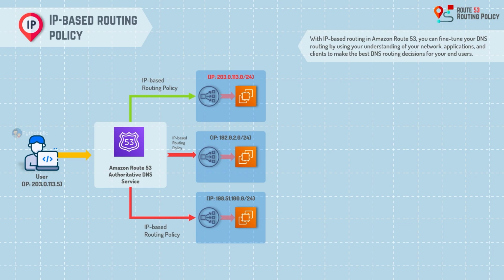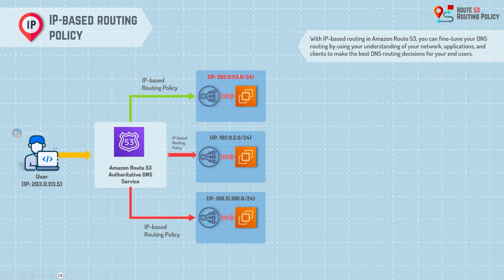So how it actually works is, let's suppose you have a user here, which has the IP address 203.0.113.5. Here, the IP-based routing policy will try to match this IP address to a matching CIDR block, that is 203.0.113.0/24. And the user will be directed to this resource itself.